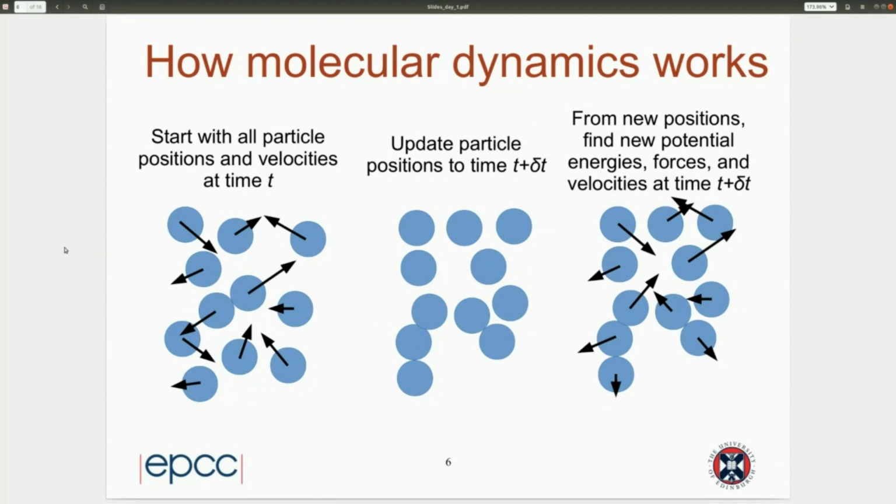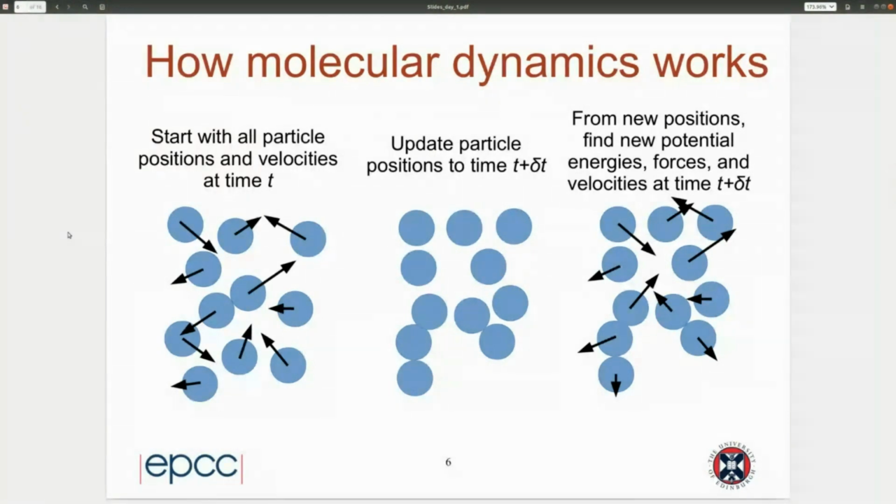So you're not going to be able to get interactions with photons, and you're not going to be able to simulate photons for starters. You're not going to be able to get reaction dynamics, in the sense of bond formation or breaking in general. There are, as I said, ways of doing that, but this won't be covered in this course.